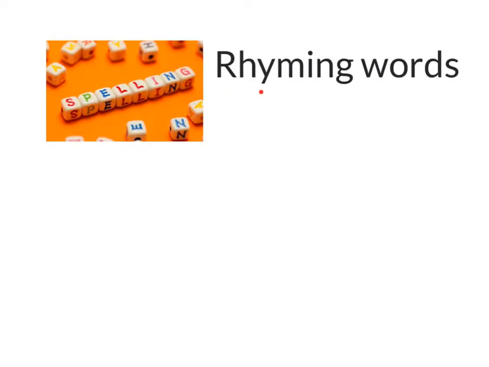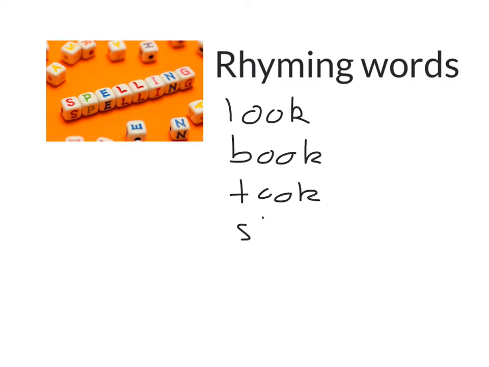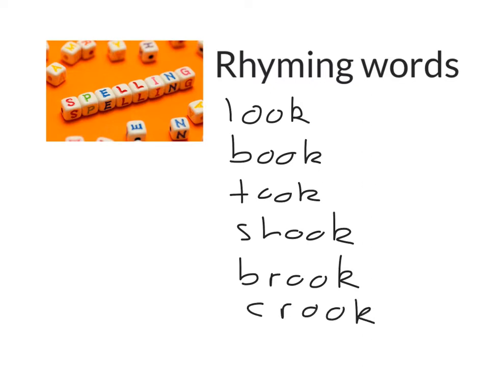One strategy is to use your knowledge of rhyming words. So for example, if you knew how to write lock, then you can also write bock, tock, shook, brook, crock, and many other words that rhyme with lock.